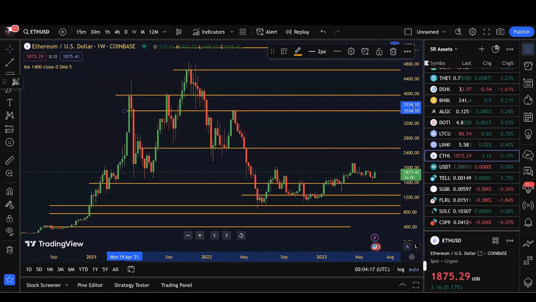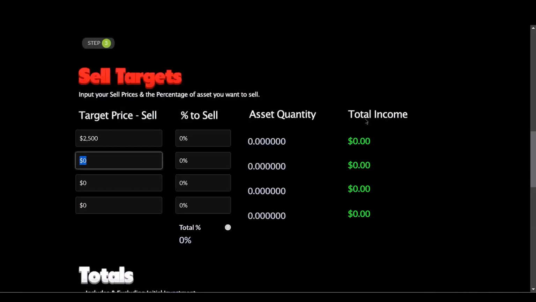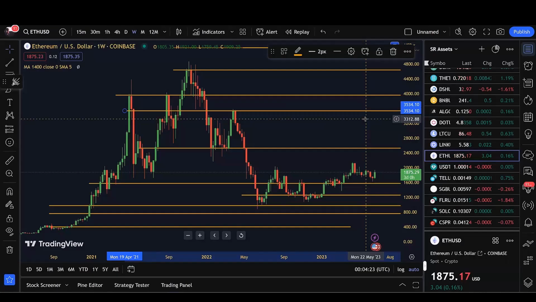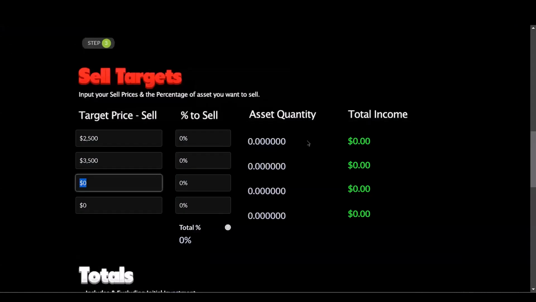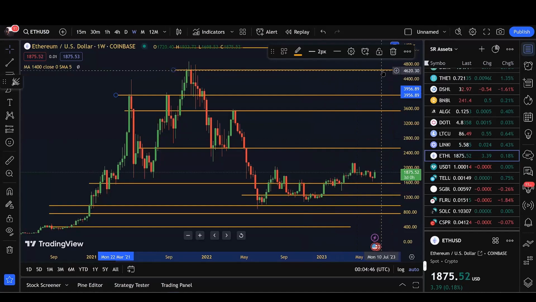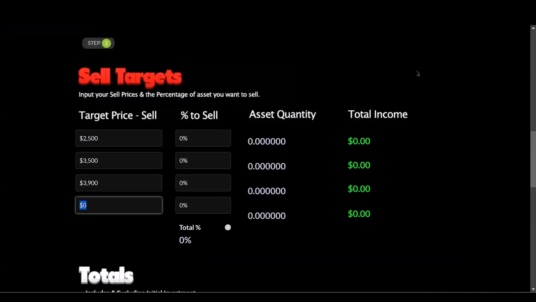We'll look at our second sell target, which is 3,500. Now we'll look at our third sell target, which is 3,900. And our final sell target, which will be 4,600.